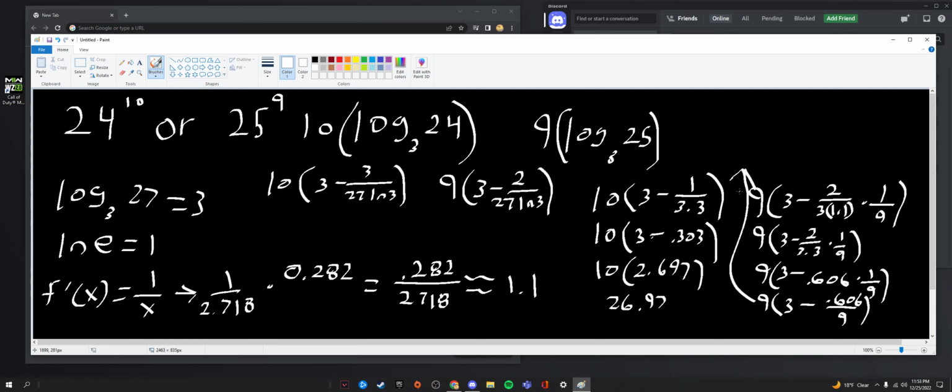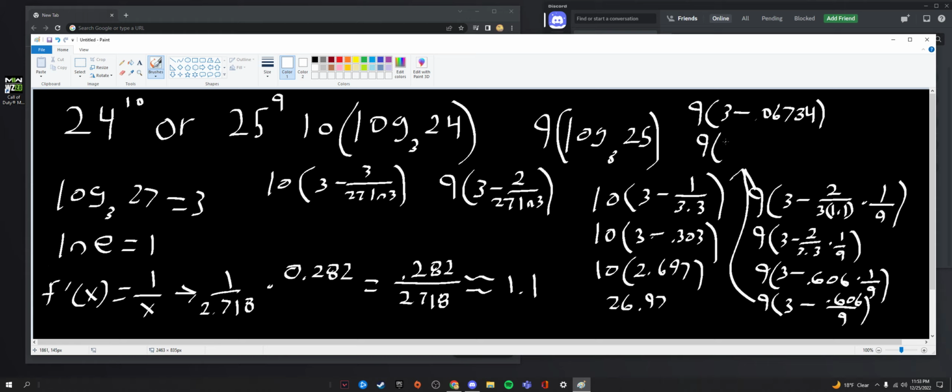So 0.606 over 9 is about 0.06734, if you want to do the division. So we would have 9 times 3 minus 0.06734. Now this is simple subtraction.